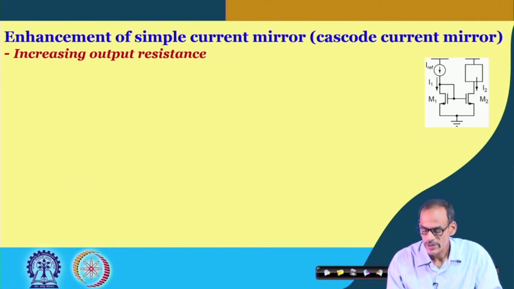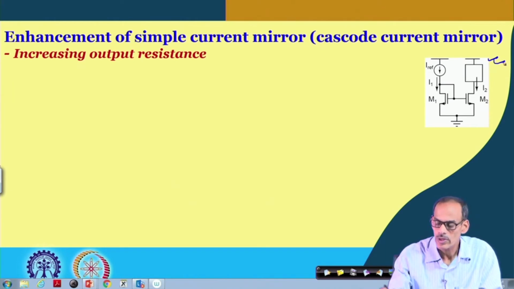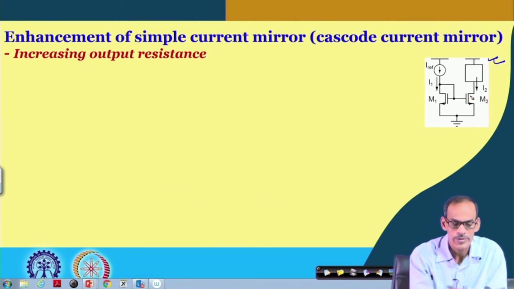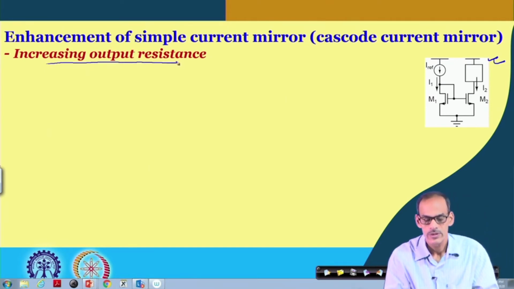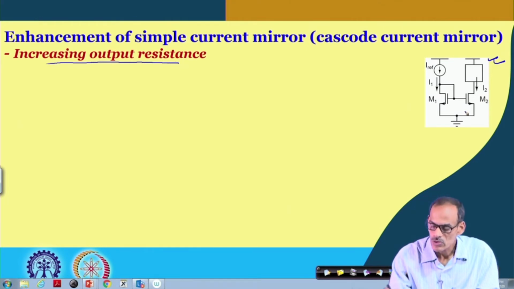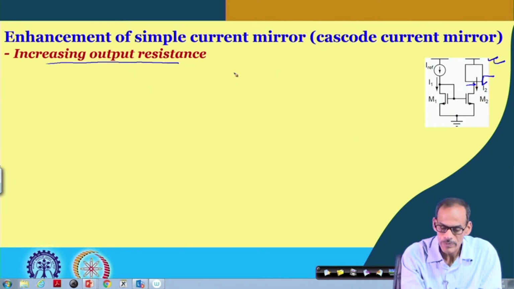So, if I consider a simple current mirror as it is given here, and we would like to enhance the circuit performance, by that I mean increasing its output resistance. To increase the output resistance, what we can do is place one transistor at this point to get the modified circuit like this.